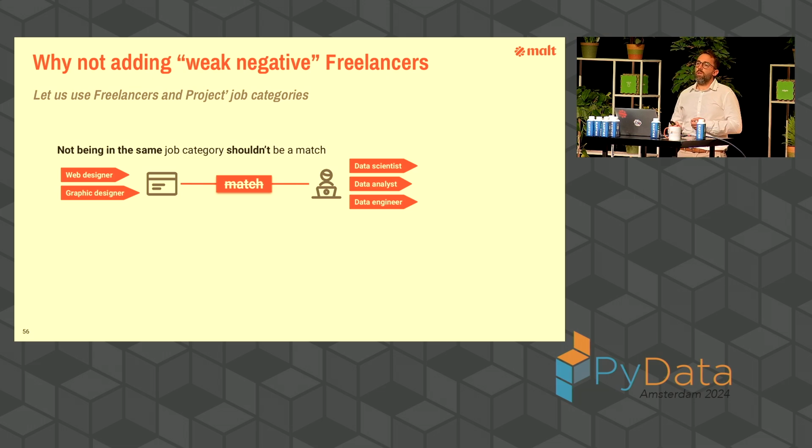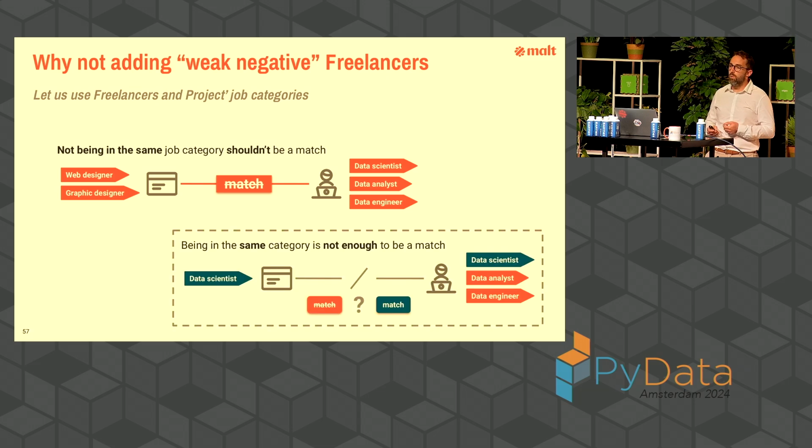So it's a reasonable assumption that if they have no job categories in common, it's a bad match. But it's only something we can use for negative matches. For positives, having one category in common is definitely not enough to say that it would be a good match.